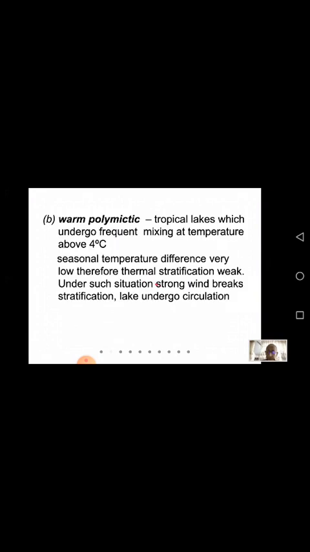Higher altitude means at the top of mountain mostly, and there is the cold polymictic, and it occurs in between 80 and 70 degree latitude. Then you have a 70 to 60 degree latitude, and then you have dimictic, and you have warm monomictic, and these are the polymictic.